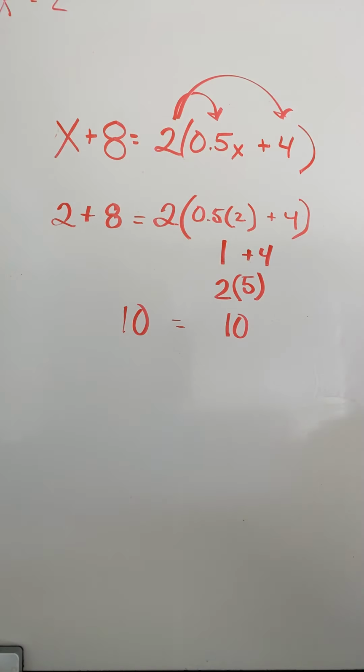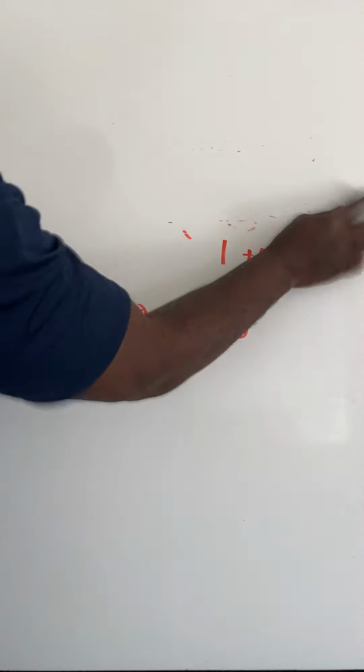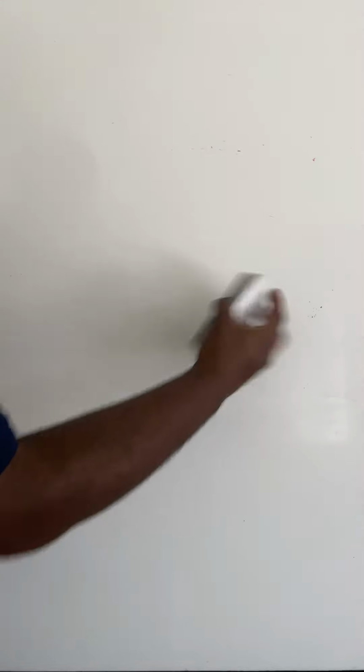Then for C, it said, how many solutions does the equation have? Use what you have discovered to fill in the table. If a equals a or x equals x, what is the meaning? And then number of solutions. So what they meant by that is, if a is equal to a, or 10 is equal to 10, or x is equal to x, what is the meaning of that?